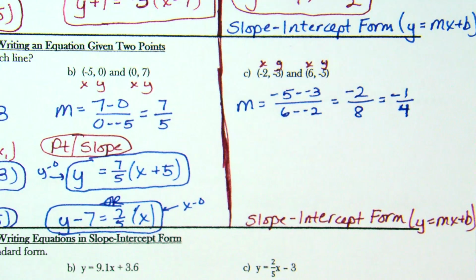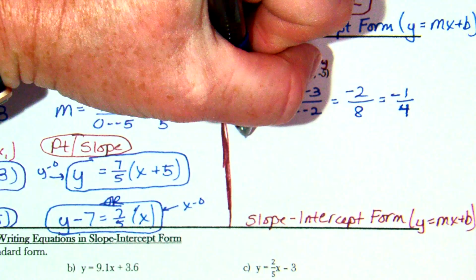Okay. To go to slope-intercept form, what did I recommend you do? Yeah, use that point slope form. So my recommendation, y minus, what y coordinate do you guys want to use? It doesn't matter to me. You guys use this one? Okay.